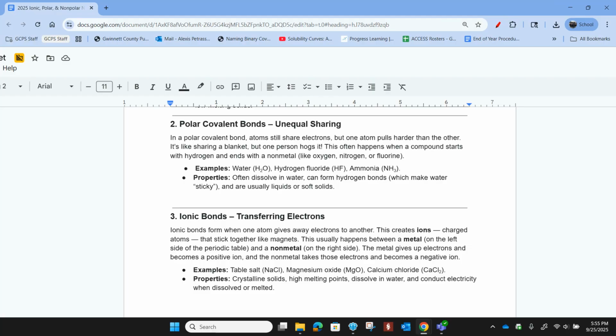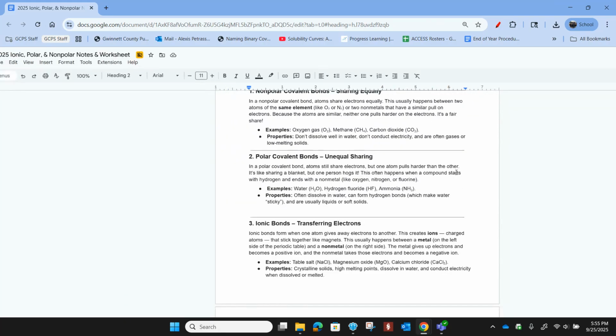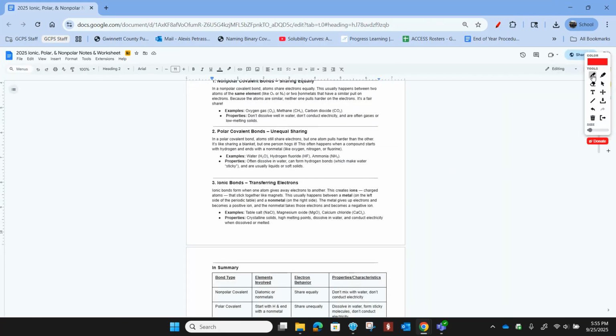So examples are water, H2O. Water is always polar. The oxygen is always pulling the electrons towards it. Hydrogen fluoride, HF, ammonia, NH3. Okay. So if you ever see hydrogen bonded with fluorine, oxygen, or nitrogen, it's always going to be polar.